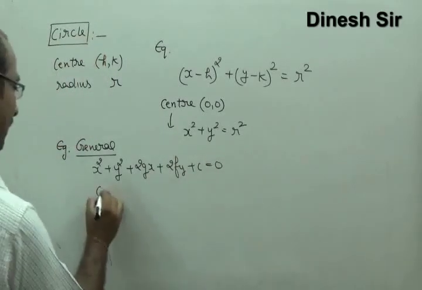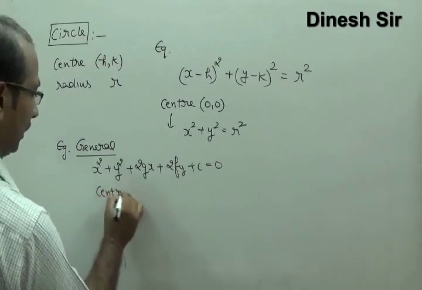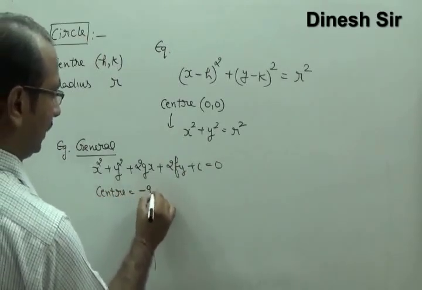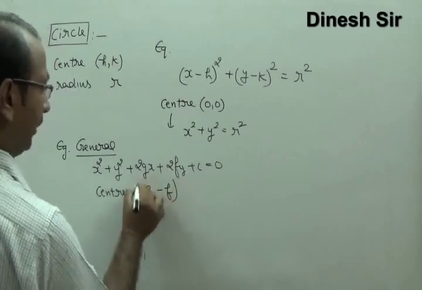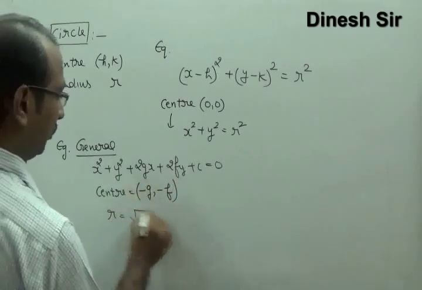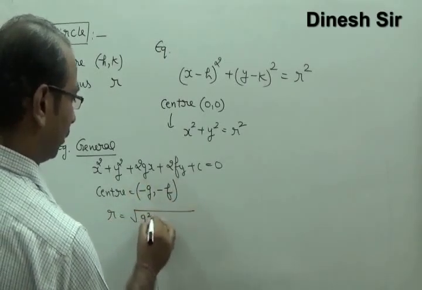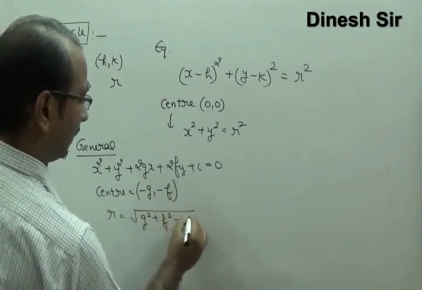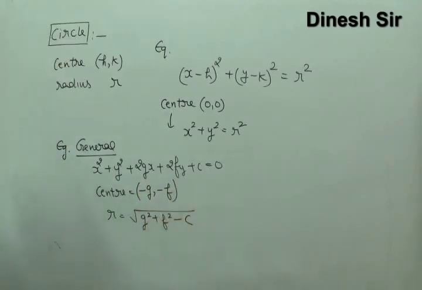In that case, the center of the circle is (-g, -f), and the radius of the circle is root of (g square plus f square minus c). Suppose the circle is given in this format. In that case, the center of the circle is (-g, -f), and the radius of the circle is root of (g square plus f square minus c).